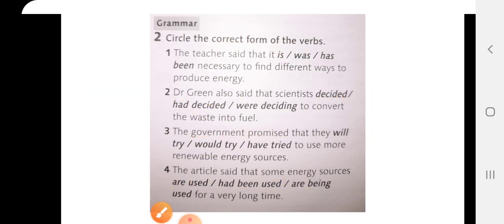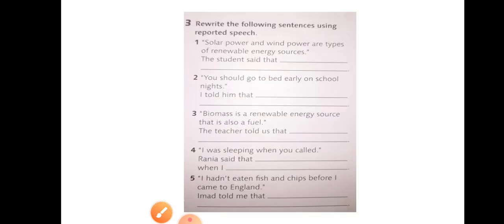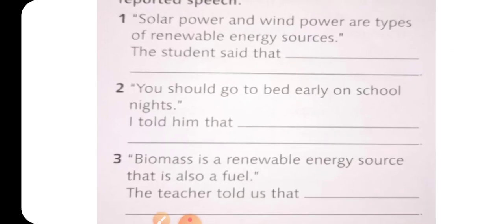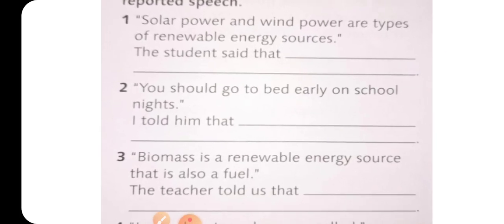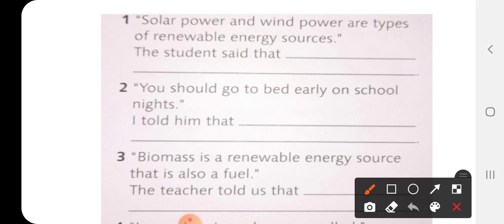Okay, now let's move to the next question, and it's an exercise for the reported speech. It's a kind of an easy one. Let's do it together. Okay, the first one is what? Solar power and wind power are types of renewable energy sources. The student said that.